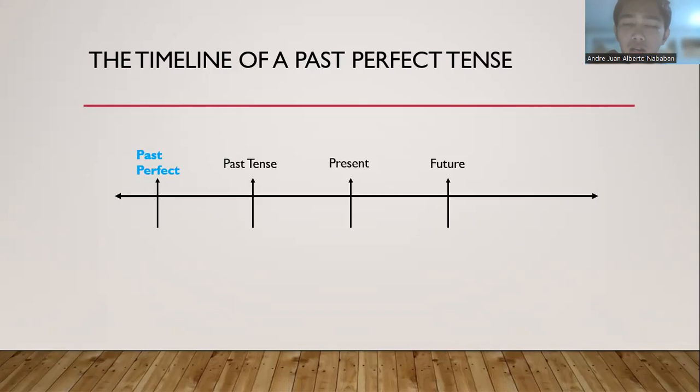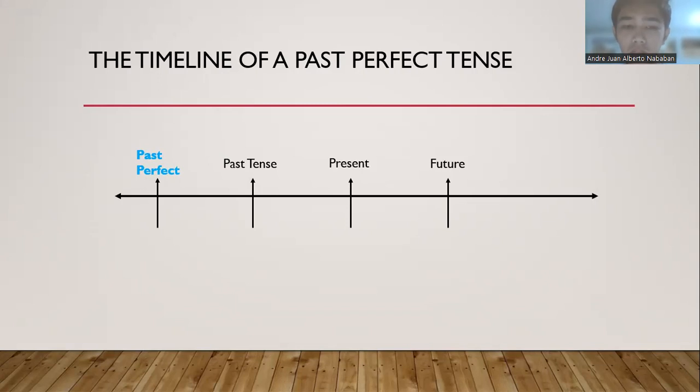It also has the past continuous tense. So where does the past continuous tense lie? The past continuous tense happened just before the past tense and finished just after the past tense.